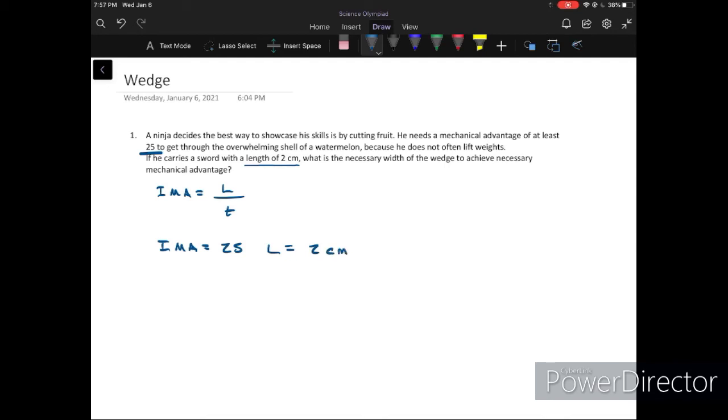So if we know these values, we can just do some simple algebra to calculate our thickness is equal to our length divided by our ideal mechanical advantage, which in this case will be 2 centimeters divided by 25.